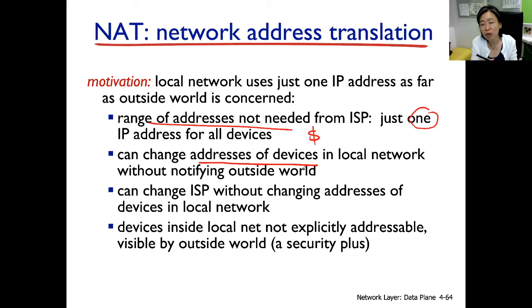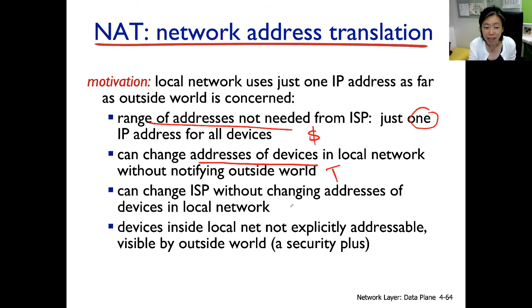It's not like we're changing the IP address of the gateway, which is assigned by the ISP. Then we would need to inform the ISP we're changing it, otherwise traffic is not going to flow through. But if we're just changing the local machines, there's no need to inform the ISP. Nice, convenient, saves us time.